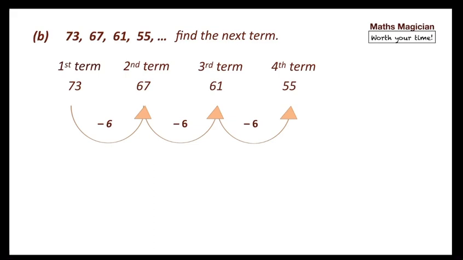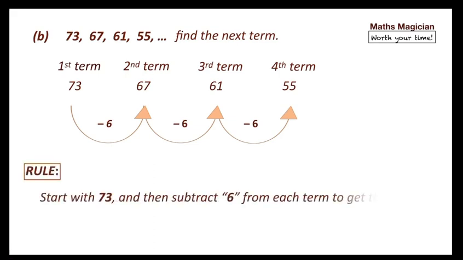So for the given sequence, we can state the rule: start with 73 and then subtract 6 from each term to get the next term. Now we have to find fifth term. So using the diagram, we apply the rule and subtract 6 from fourth term, and we get fifth term, which is 49.